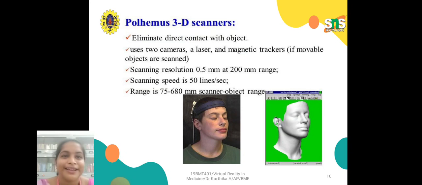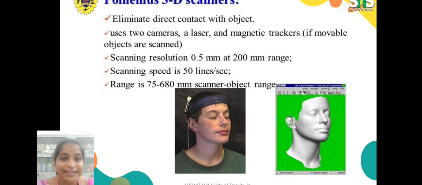See here the 3D scanners. This eliminates direct contact with the object. It uses two cameras, a laser and magnetic trackers if movable objects are scanned.